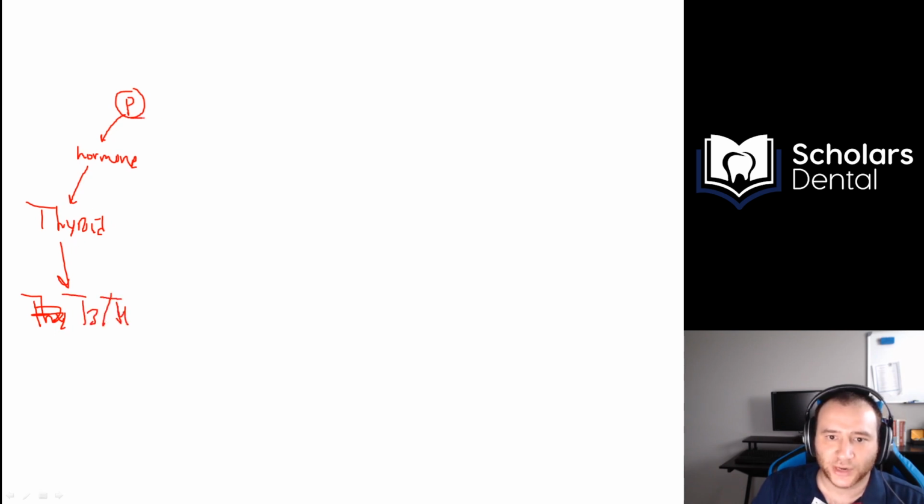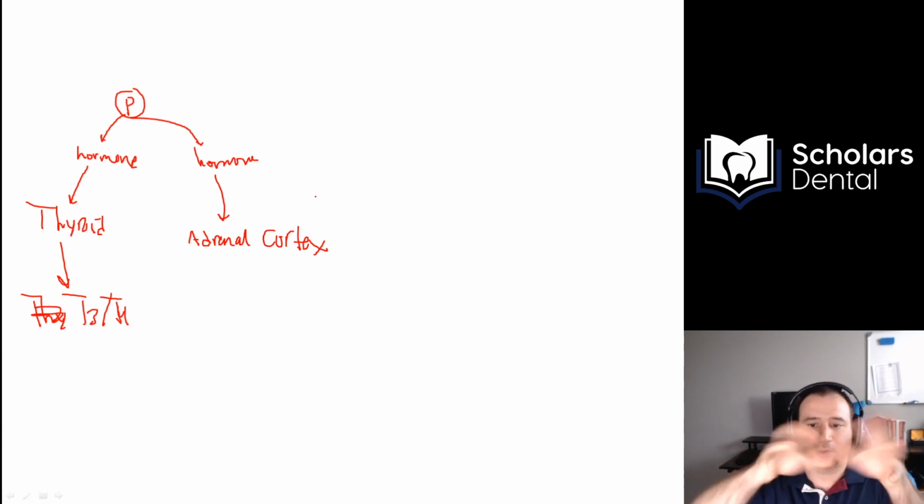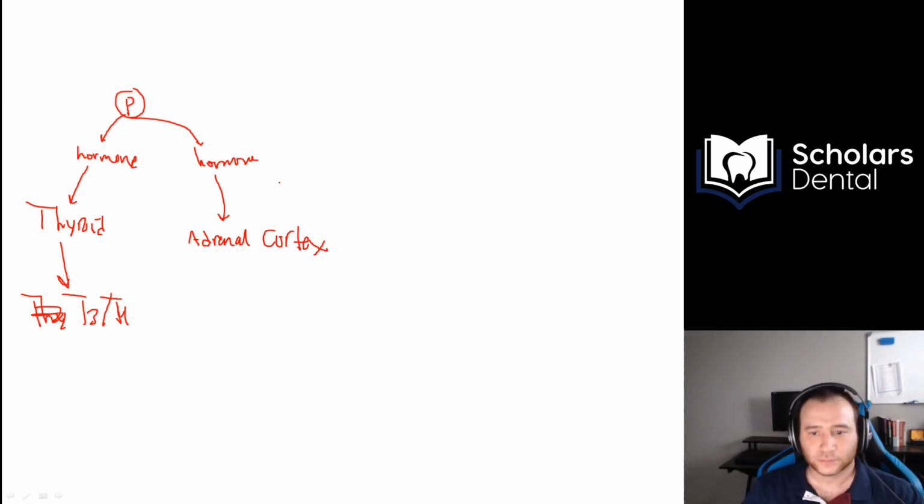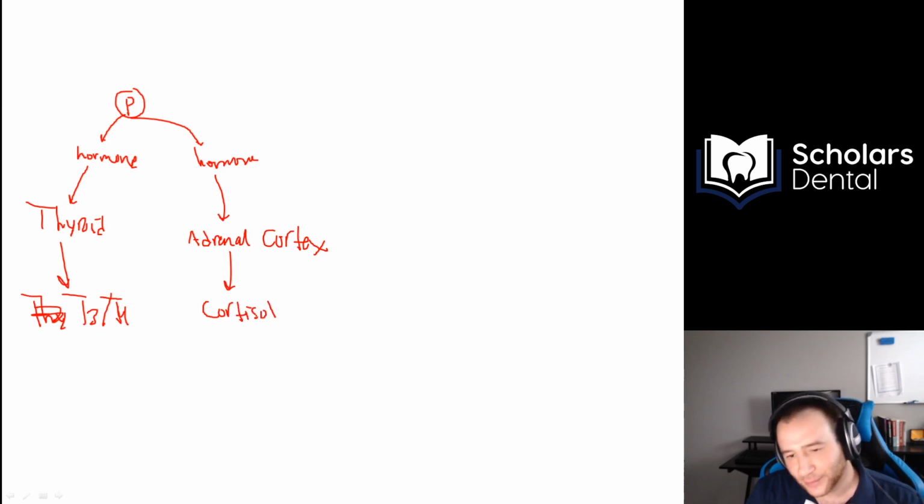The pituitary gland releases another hormone that goes, for example, to the adrenal cortex. Now remember, the adrenal gland is divided into the cortex, the outer part, and the medulla, the inside, and both function very differently. Now, the adrenal cortex will release cortisol. Let me show you what's happening here.